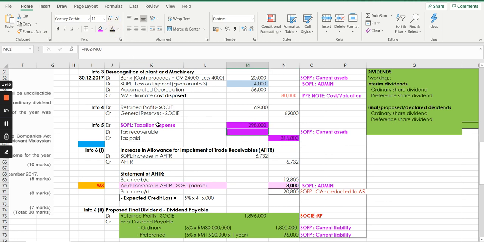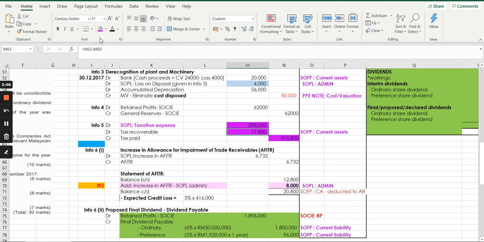The difference is because you have paid more than what you should have. You have overpaid, so the difference is what you call tax recoverable. The tax recoverable is 17,800.